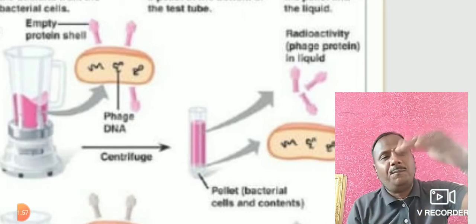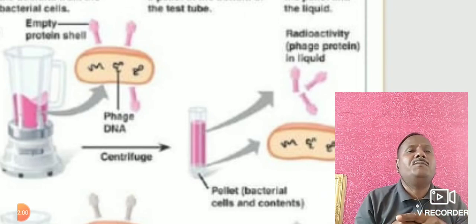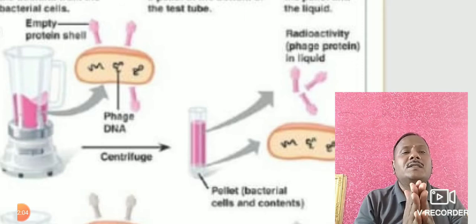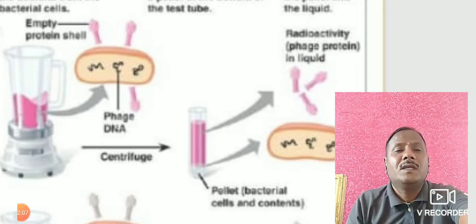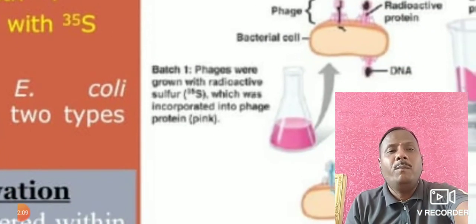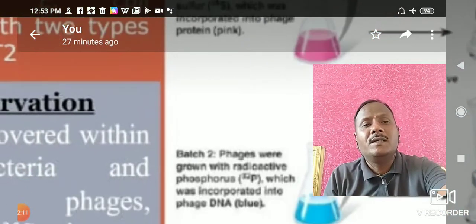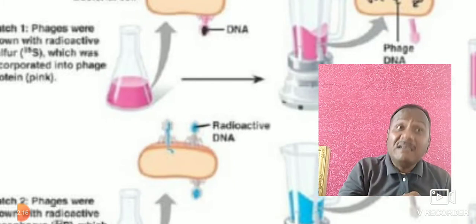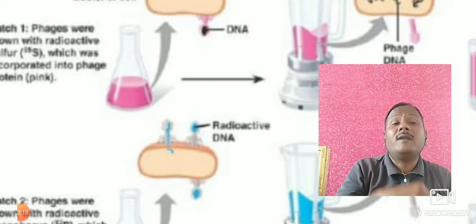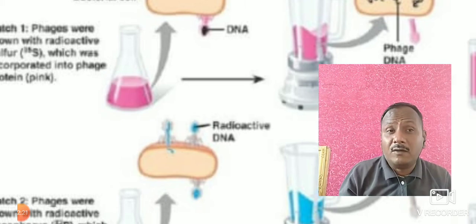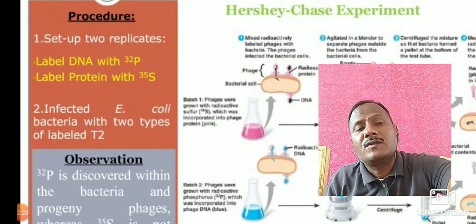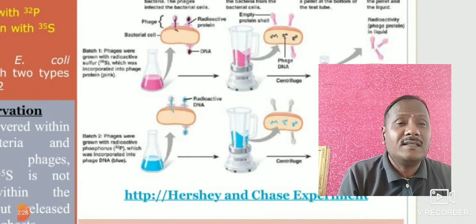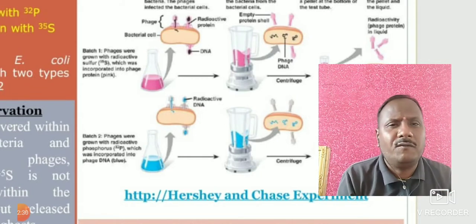The liquid part on the upper side holds the radioactivity, meaning phage proteins in liquid form. So this is batch 1, where they proved that only DNA entered into the bacterial cells, and the protein parts of the bacteriophage remained outside the bacterial cells, separated in the liquid.